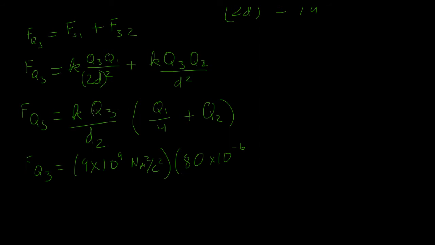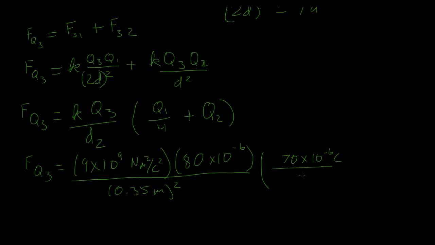And the directions depend on Q1 and Q2, so I'm going to leave Q3 as positive. Okay, and d is 0.35 meters squared. And then we will multiply, and Q1 was 70 times 10 to the negative 6th coulombs over 4 plus Q2, which was 48 times 10 to the negative 6th coulombs.